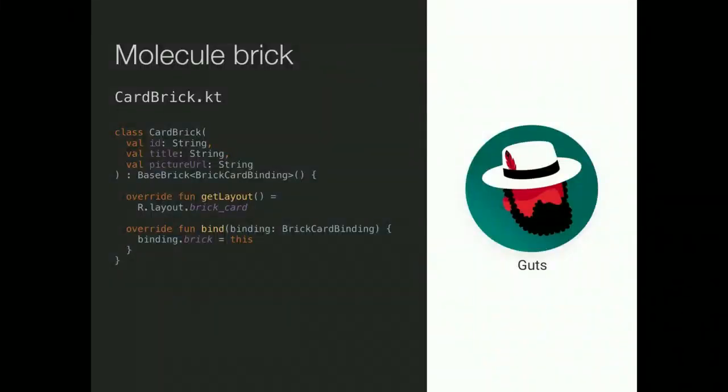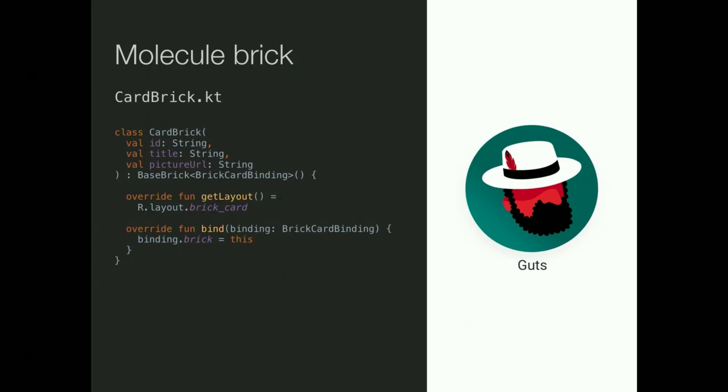So now we're talking about the brick we were talking about earlier. In our system, a brick is simply kind of a model for the view. So it embeds every data that we want to display in our brick, in our molecule. Let's take, for example, this artist card. It's very simple, just an image and a title.